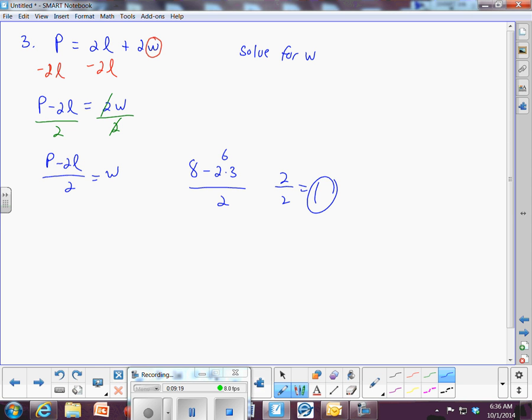So, are you going to get 1 if you do this? No, you're going to get 8 minus 3, and that's 5, and 5 doesn't equal 1. You can't cross those 2's out. This is our final answer. P minus 2L over 2 equals W.